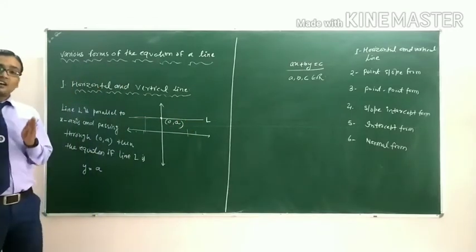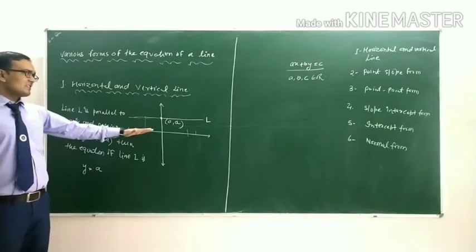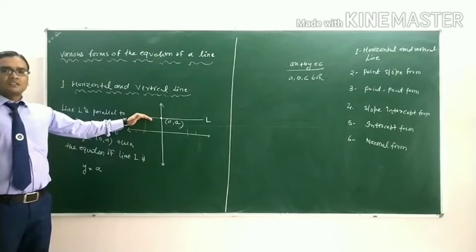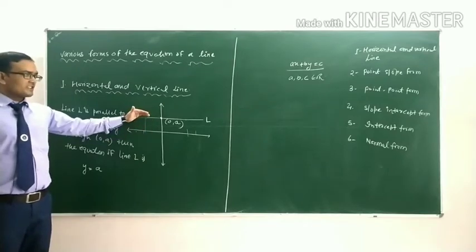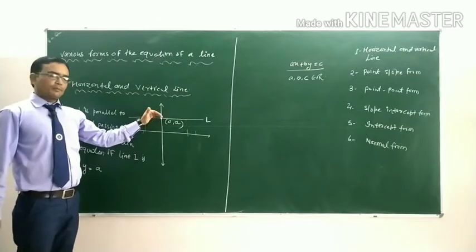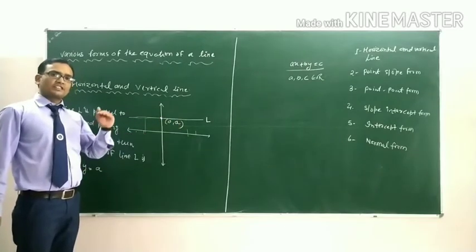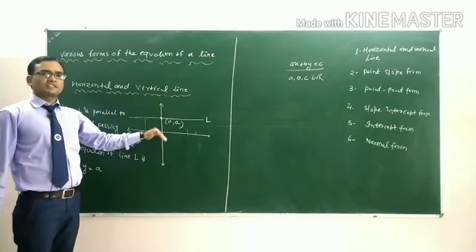If a line is horizontal, then this line is parallel to the x-axis. First condition, it is parallel to the x-axis and passing through the point (0, a), that means in the positive direction of the y-axis.